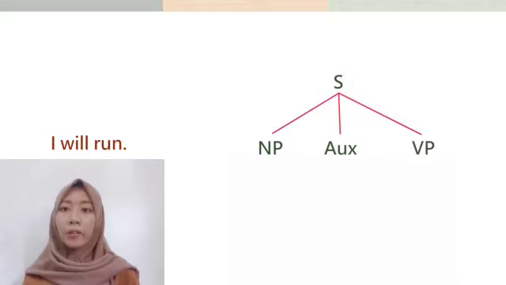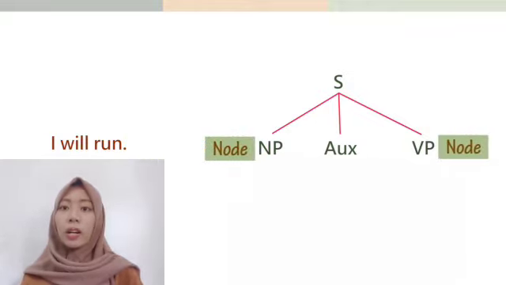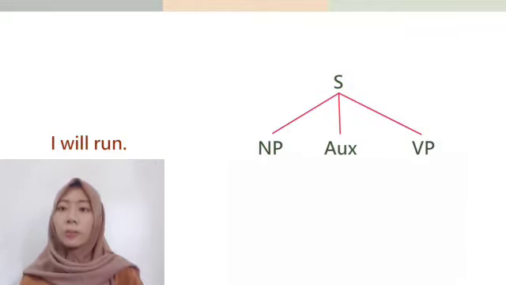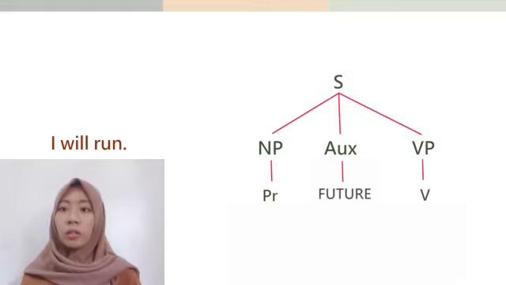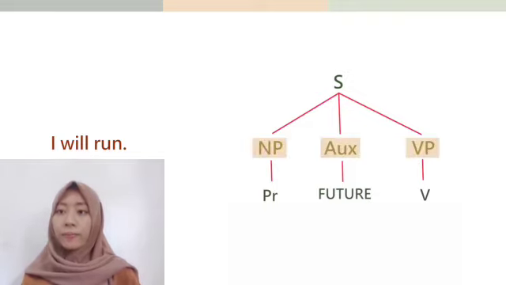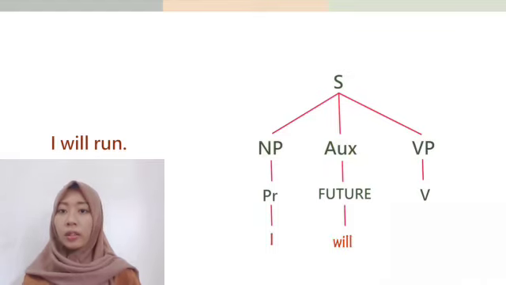Then you will have to expand on each of those nodes. Here, the noun phrase consists of a pronoun, or PR, and the verb phrase only consists of a verb, for each of the three nodes. I for NP, will for auxiliary, run for VP.